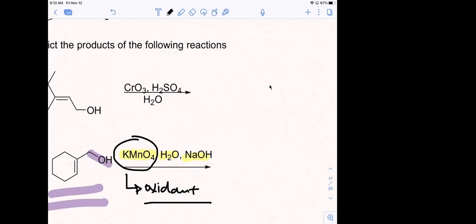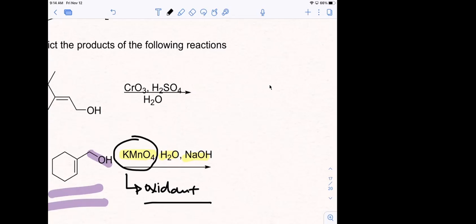So what does potassium permanganate do to primary alcohols? Does it turn into carboxylic acid? Yes, it's going to oxidize it up to the carboxylic acid. It's not going to stop at the aldehyde because potassium permanganate is what was considered a superoxidant.